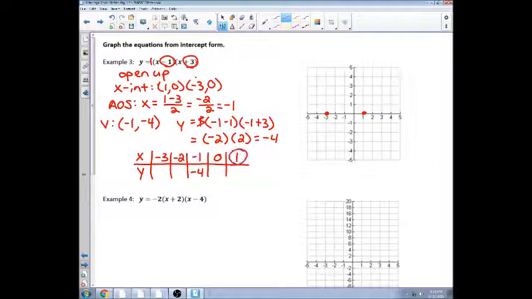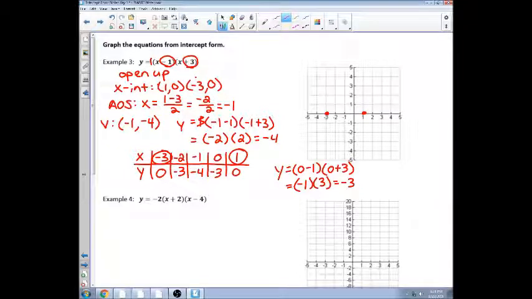So right here my x is 1, so my y would be 0. My x is -3, so my y would be 0. Last step would be to put 0 in for x, so y equals 0 minus 1 times 0 plus 3. -1 times 3 would equal -3.